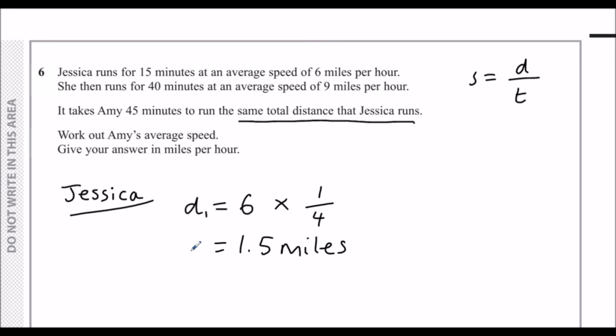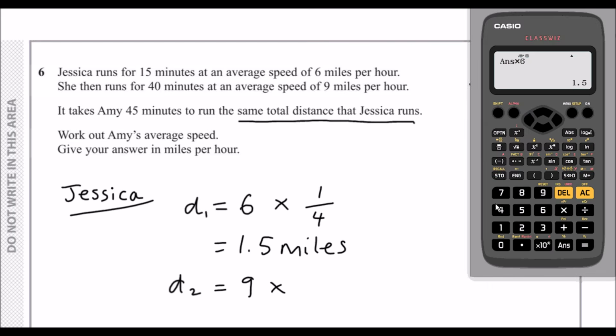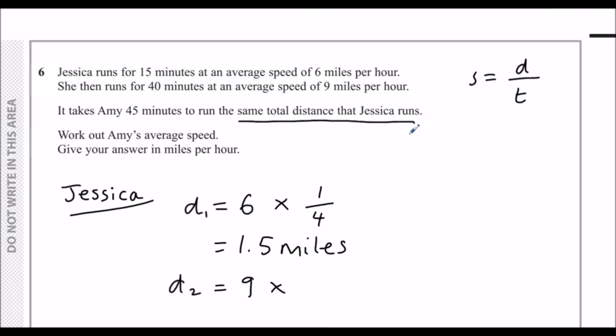That's the distance 1. The second distance, she then runs 40 minutes at 9 miles per hour. So distance is speed, 9, times time, 40 minutes in hours. 40 sixtieths is the same as 2/3.